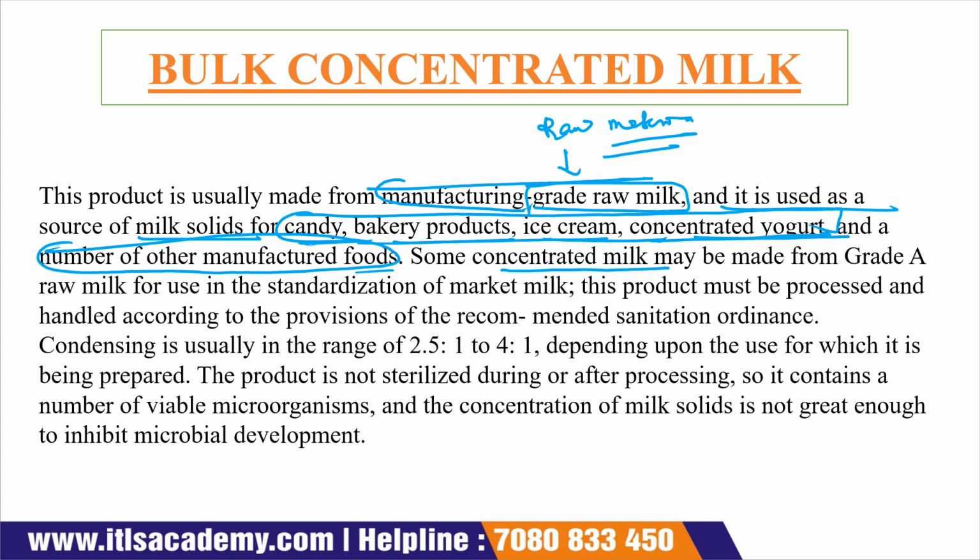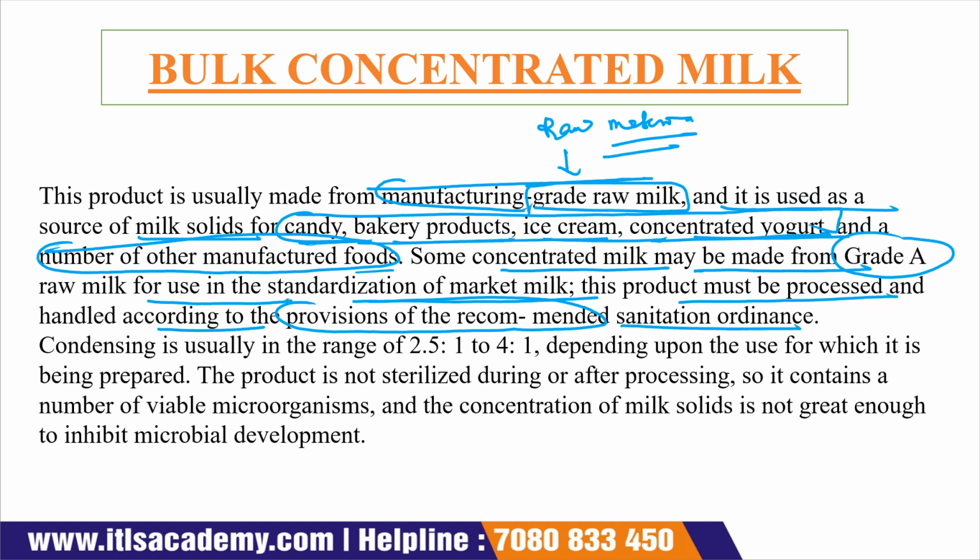Some concentrated milk may be made from grade A raw milk for use in the standardization of market milk. So there are some concentrated milks available in the market which are made of grade A milk. This product must be processed and handled according to the provisions of the recommended sanitation ordinance.